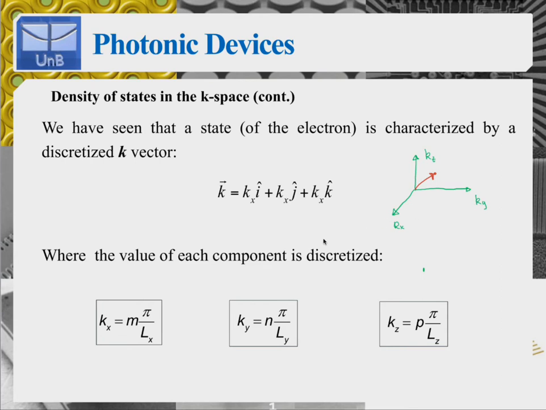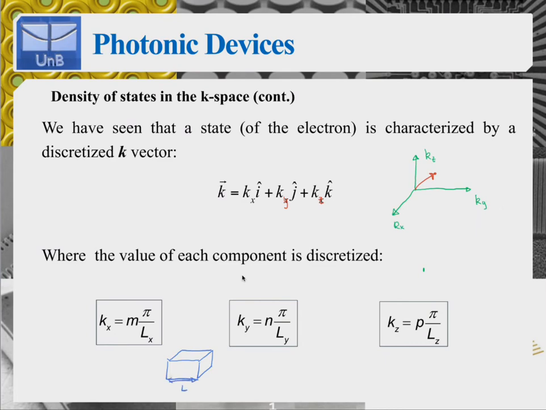And we also saw that kx, ky, and kz were only able to assume discrete values which were separated by pi over Lx, Ly, and Lz in the respective direction. As a reminder, Lx, Ly, and Lz are the dimensions of the three-dimensional solid that we are considering.